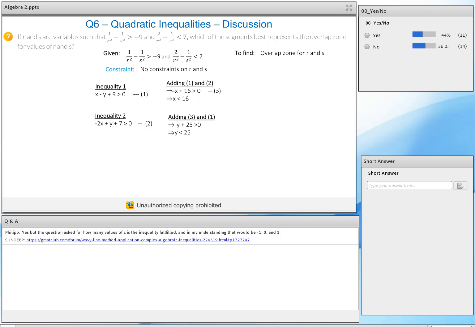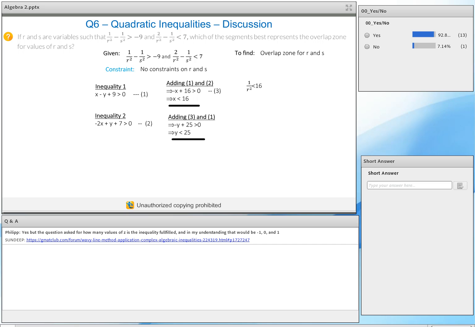So obviously, people who didn't simplify in the previous step, my next question is not going to be applicable for you. But for those of you who did simplify and who did get linear inequalities, how many of you were able to get to x is less than 16 and y is less than 25? Good. Now, let's see how to process it further.